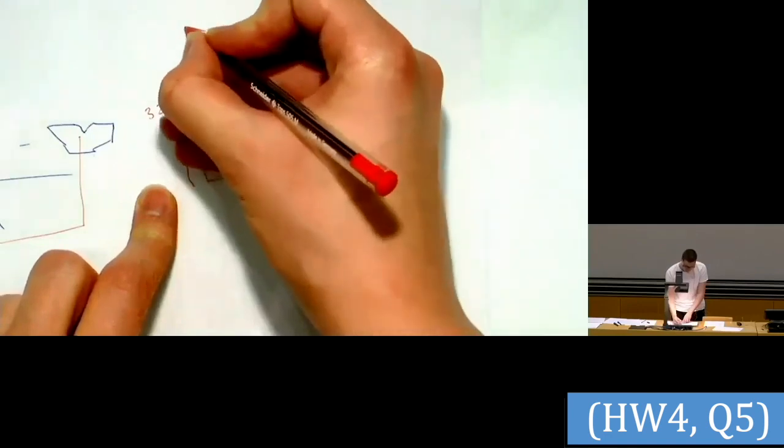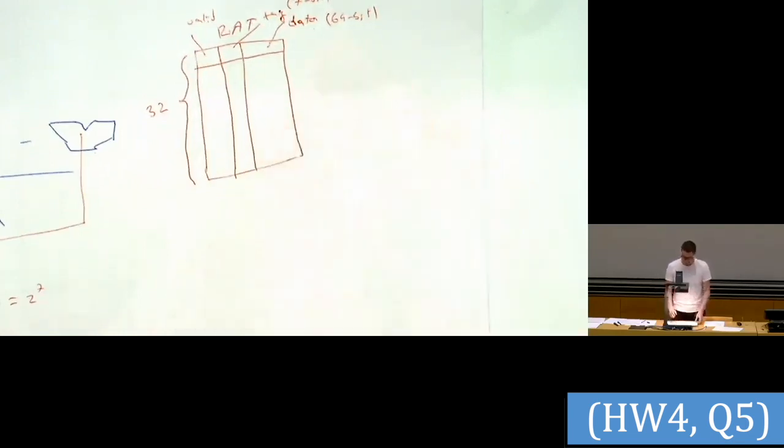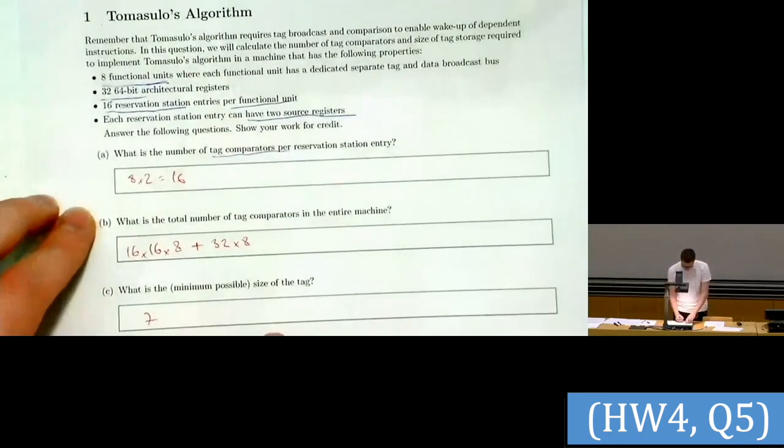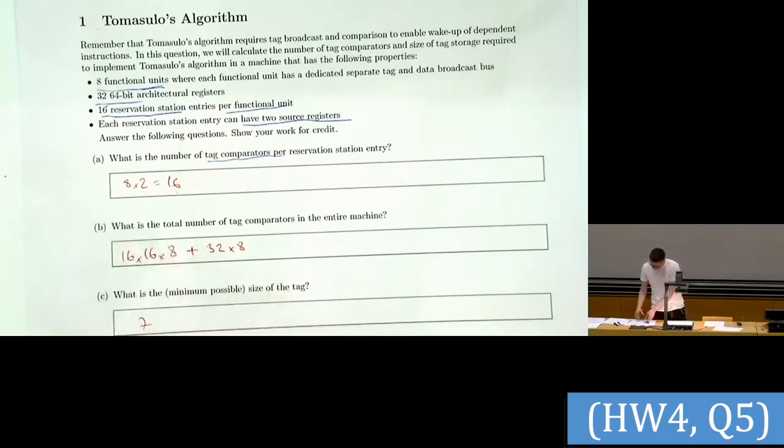And then we should have at least some valid bits, right? So for a single entry, we will have 72 bits. And we have 32 entries in total. So it will be 72 multiplied by 32. Let me check if I'm missing anything. Yeah, I think that's it. So this is the total storage needed for the register alias table.